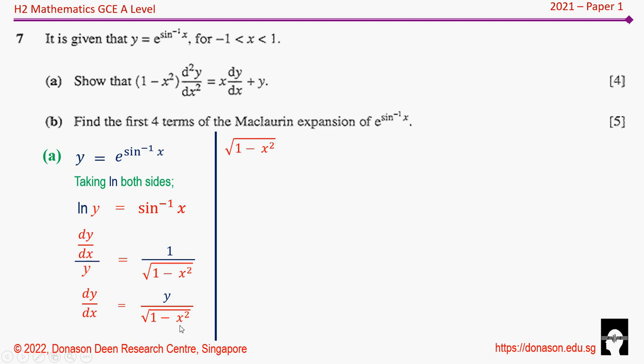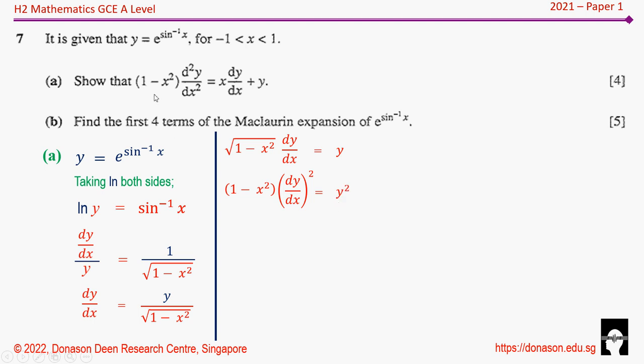So what I am doing now is cross multiplying the 1 minus x squared to the left side. So I get the square root of 1 minus x squared times dy/dx equals simply y. And if I square every one of the terms, the 1 minus x squared square root, when squared, the square and the square root cancel, just giving me 1 minus x squared. Then dy/dx, if I square it, becomes (dy/dx) to the power of 2, and y squared becomes y squared.